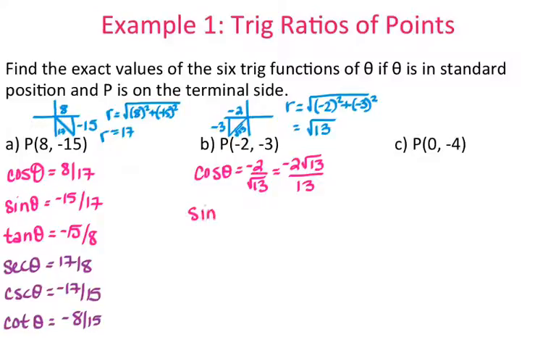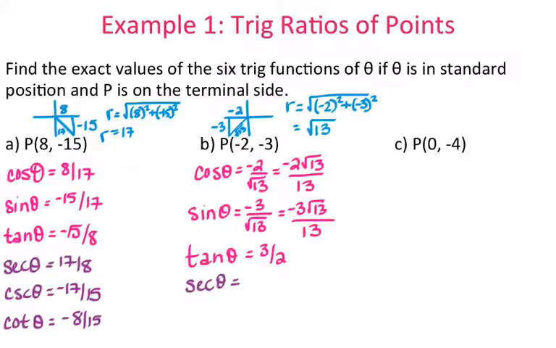Sine is opposite over hypotenuse, so that's negative 3 over root 13, which is negative 3 root 13 over 13. Tangent is opposite over adjacent, or y over x, which is negative 3 over negative 2, or positive 3/2.